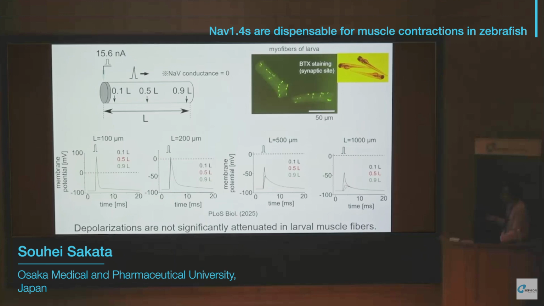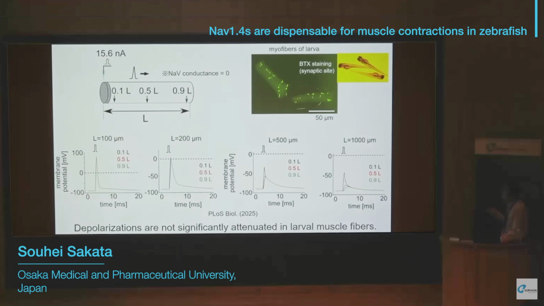All results are completely superimposed. However, when L is set to 500, we see a little bit of attenuation. The black means 0.1L, and red and green are smaller in amplitude of depolarization. When L is 1000 micrometers, we see a clear attenuation.